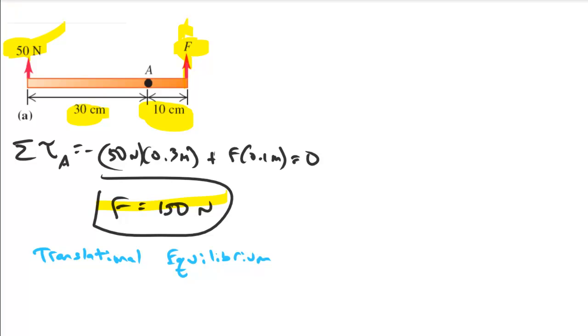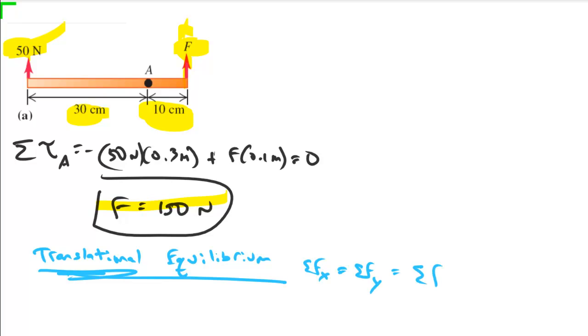Translational equilibrium means it's not translating. It's not accelerating in translational motion, which is just like in the X, Y, Z directions. So in order for translational equilibrium, this is the equilibrium that we've discussed before, we'd have to have the sum of forces in X and the sum of forces in Y, and, if we had 3 dimensions, the sum of the forces in Z, all equal to 0.